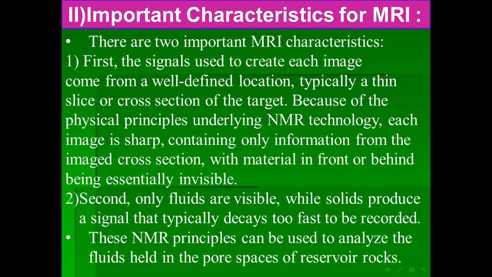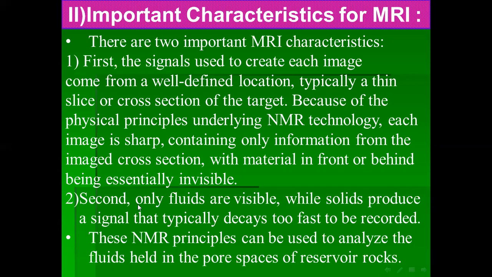Now let's discuss some important characteristics of magnetic resonance induction logging tools. First, the signal used to create each image comes from a well-defined location within the formation, typically a thin slice or cross-section of the target. And because of the physical principles underlying nuclear magnetic resonance technology, each image will be sharp, containing only information from the imaged cross-section, with the material in front or behind being essentially invisible to the NMR.